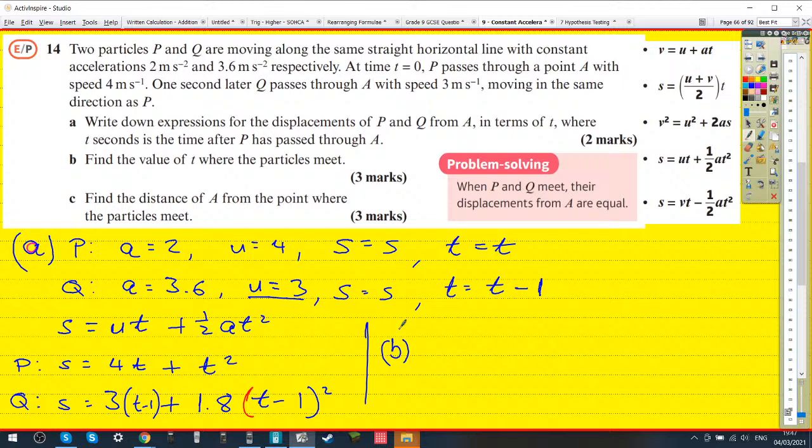What do they have in common at the point where they meet? They've travelled the same distance. Yep. Therefore, how can we use that? We could just put a number in and it'd be the same number. Right. How can we use that?